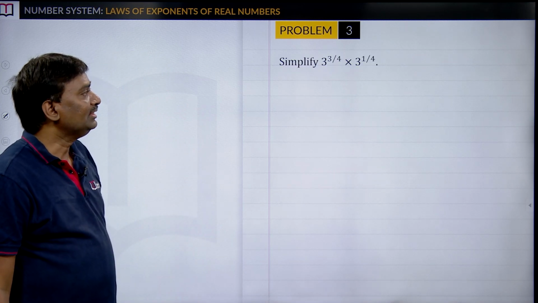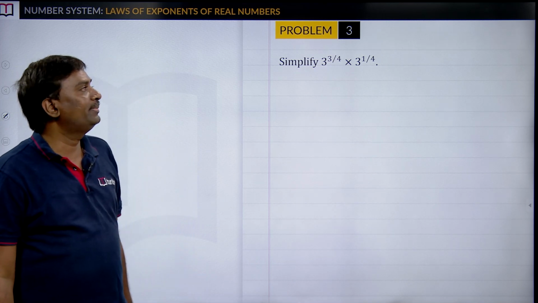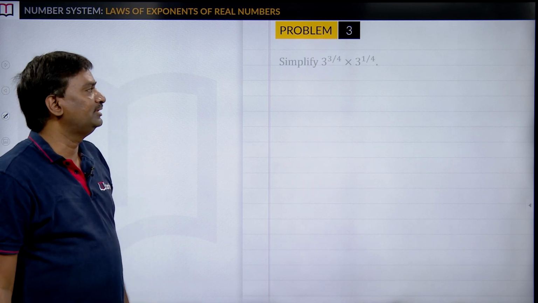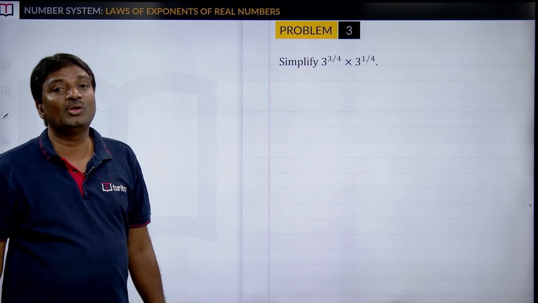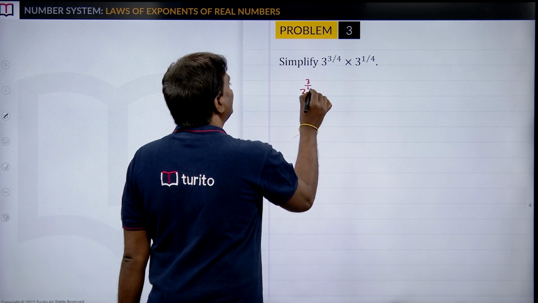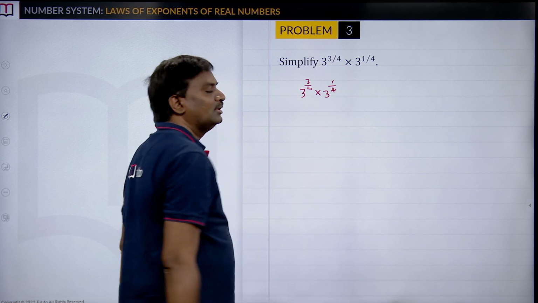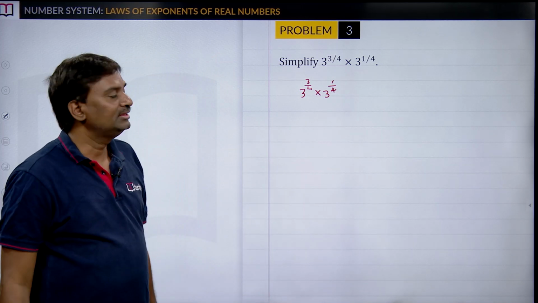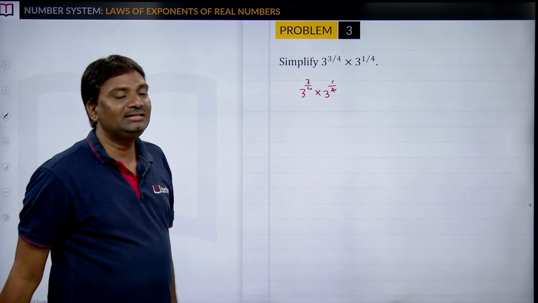Next, simplify 3 power 3 by 4 into 3 power 1 by 4. I think this problem is similar to what we have just discussed. Here also, in 3 power 3 by 4 into 3 power 1 by 4, the base is the same, so we add the powers.